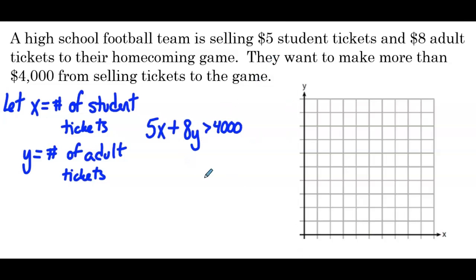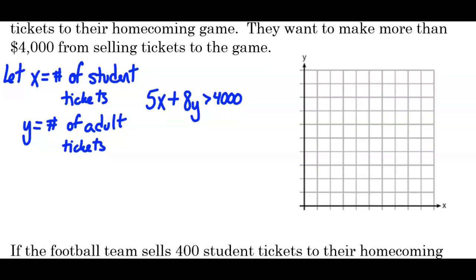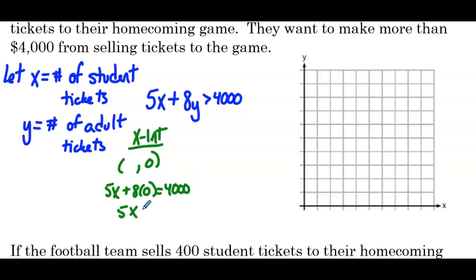Now to figure out how to scale our axes, let's find those intercepts. So the x-intercept, when y is 0, we have 5x plus 8 times 0 equals 4,000. So we'd have 5x equals 4,000. X is equal to 800.